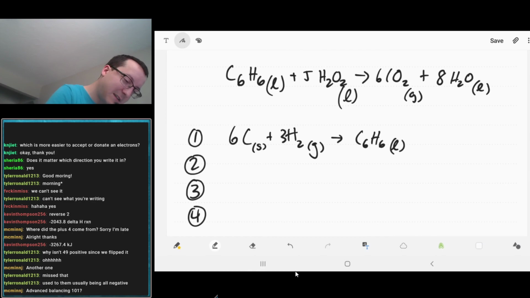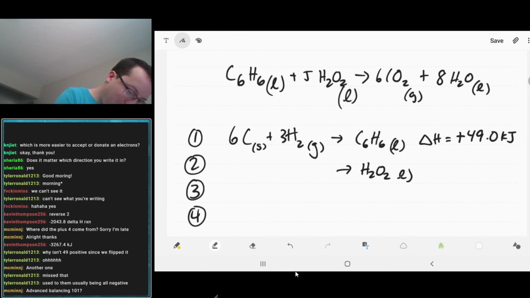I will put a plus so Tyler does not get confused. Awesome. Second one is now peroxide. So what do you think the equation is going to be for peroxide? While I get the rest of this going.